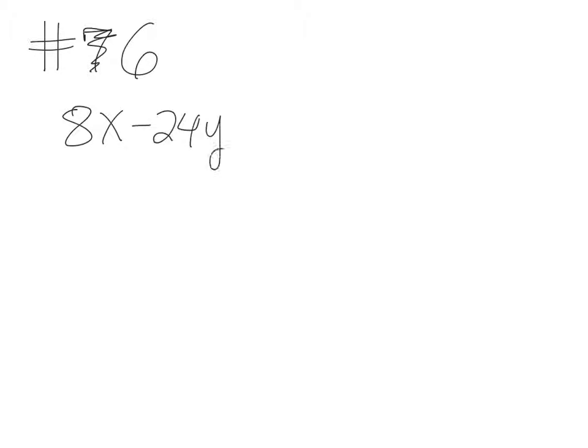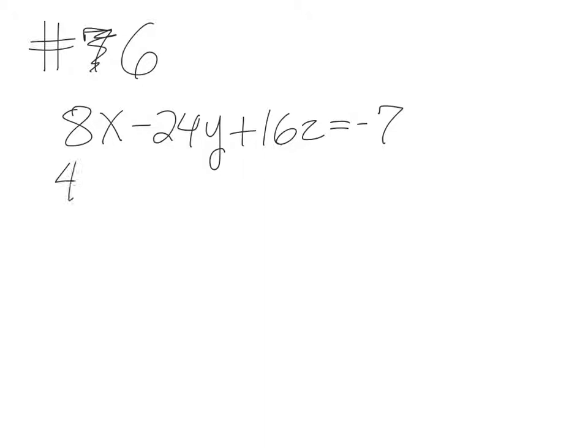Okay, so number 7. Let me see which is the one that has. Okay, so I'm going to go ahead and do number 6 instead of number 7. So not 6, not 7 is going to be 6. Okay, number 6 reads 8x minus 24y plus 16z equals negative 7.